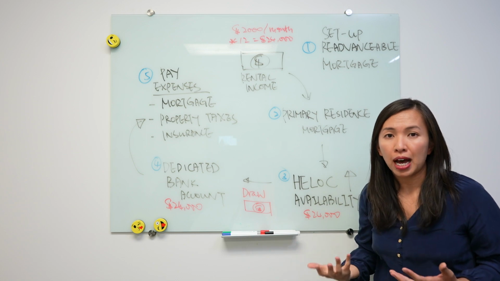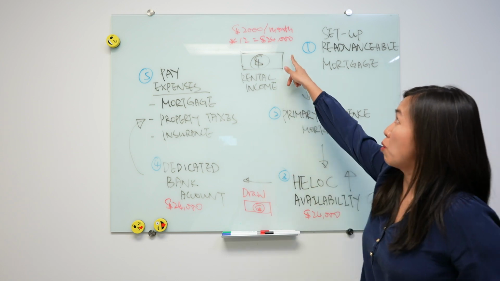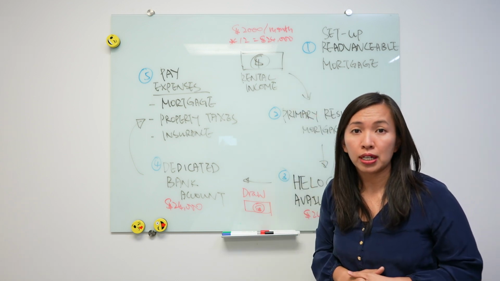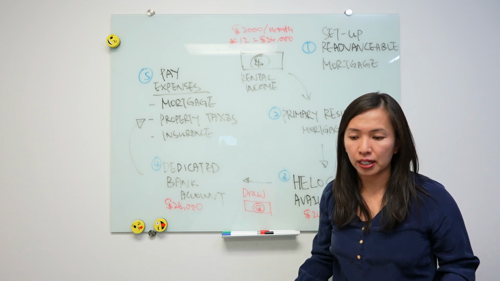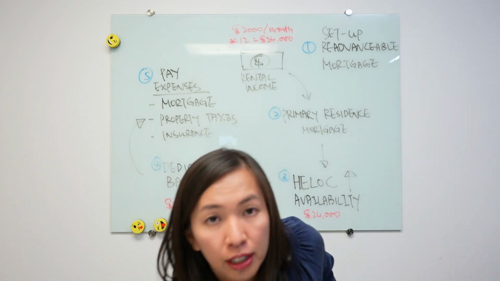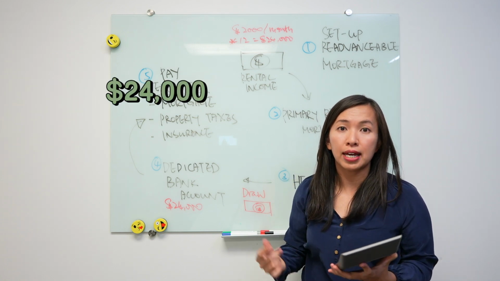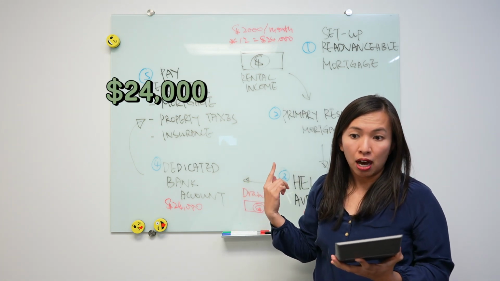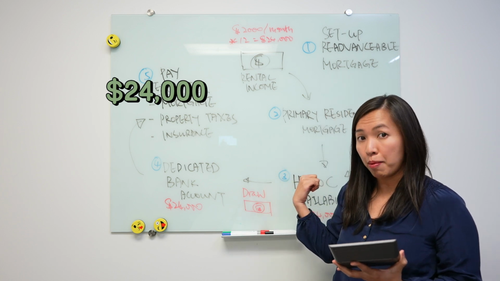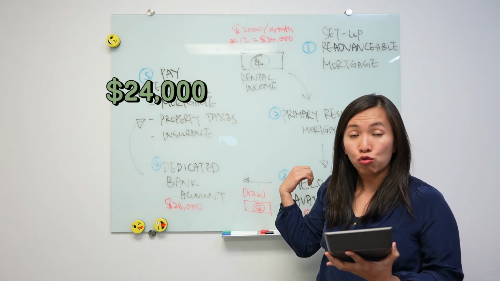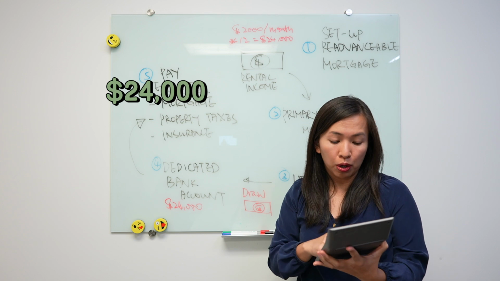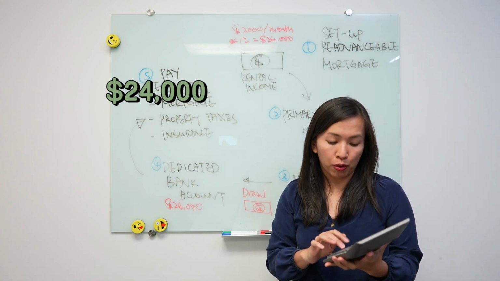Now, people ask me how much money can you save if you have gross rental income of $24,000 annually. Well, if you take the calculator and do a quick calculation, $24,000 is the amount of rent that you use to pay down the primary residence mortgage. And you draw it out, and now you are incurring interest expense of about 3%.